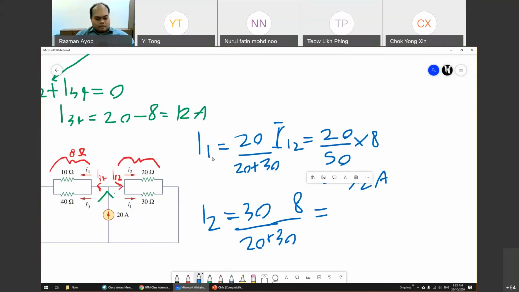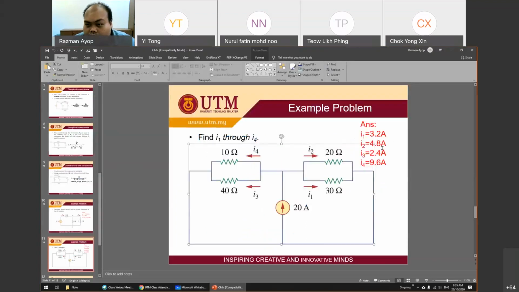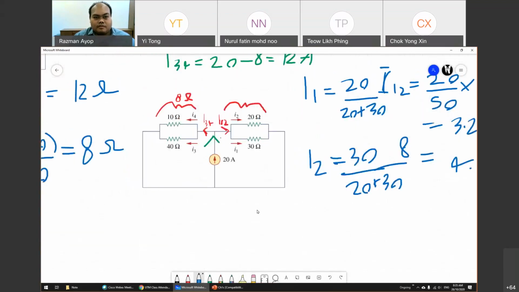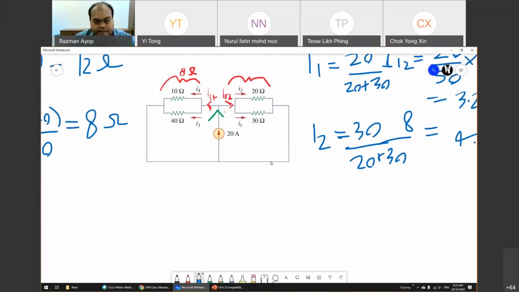So you get 4.8 ampere. Is it correct? 3.2, 4.8. Next, use the same concept.